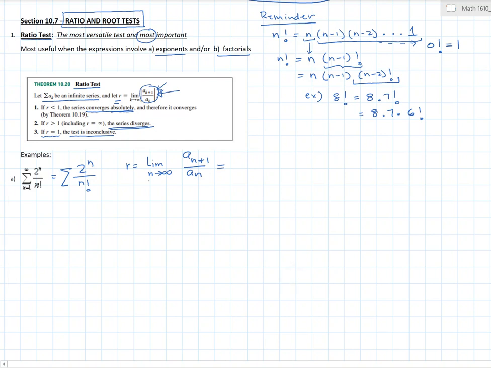Forget about the limit for a few minutes. Let's just find this ratio. Now the absolute value is not needed because this is all positive. So what is a_(n+1)? That would be 2^(n+1) over (n+1) factorial. Then we divide it by a_n, so that is 2 raised to the n over n factorial.